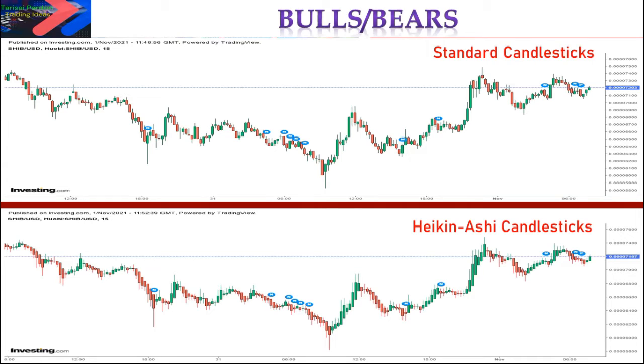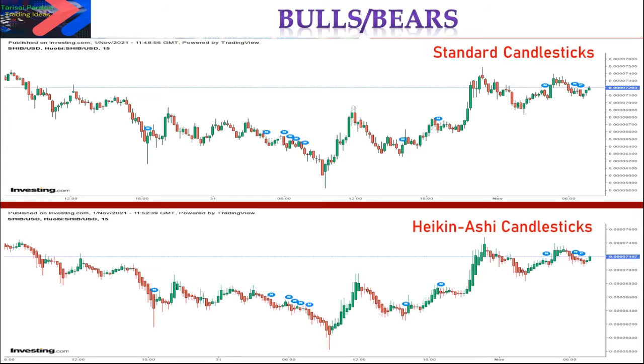vis-a-vis the USD. And when we look at the chart, you'd see that the first part of the chart, up to around 9, the price was moving downward.